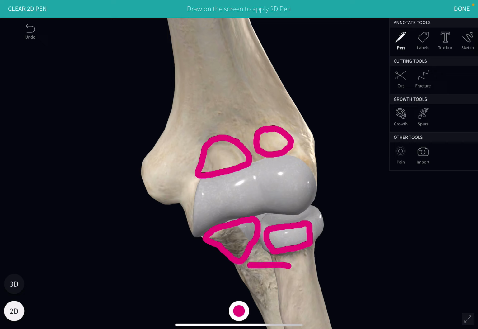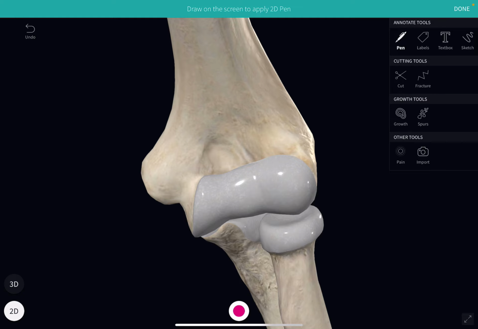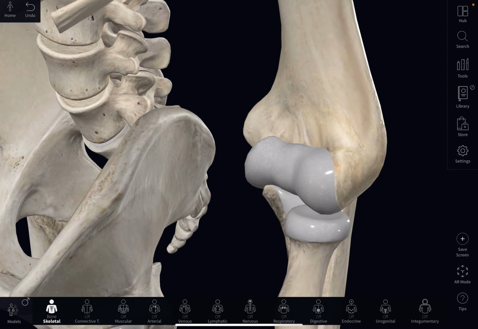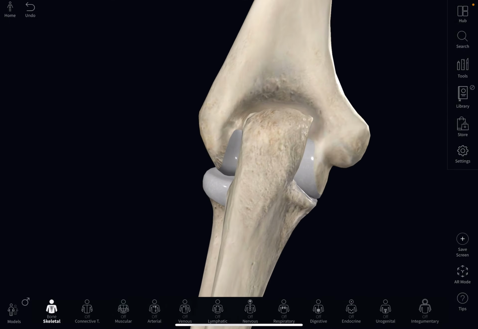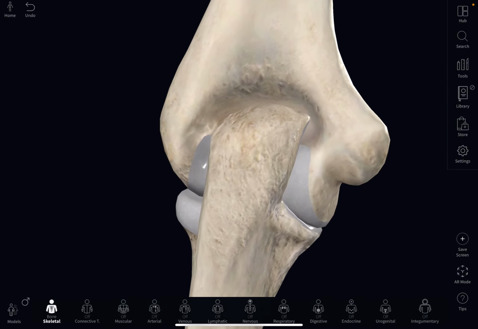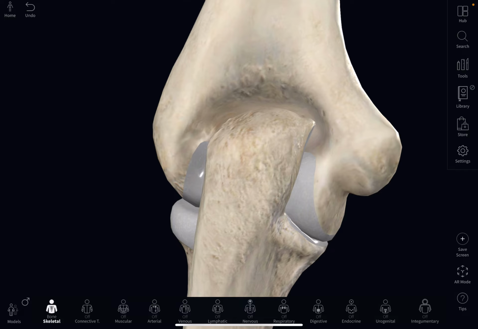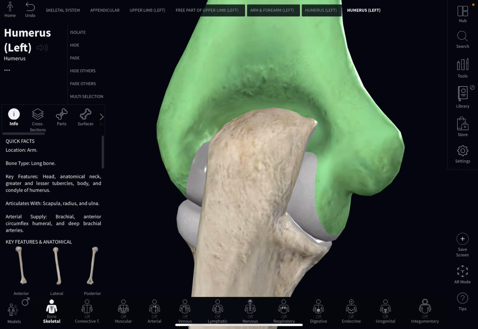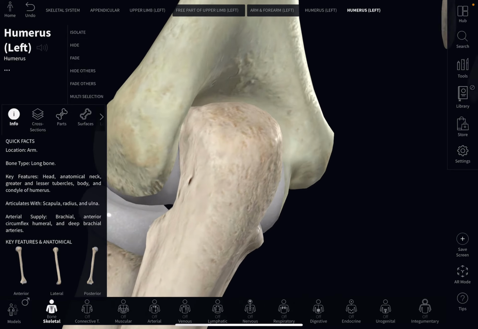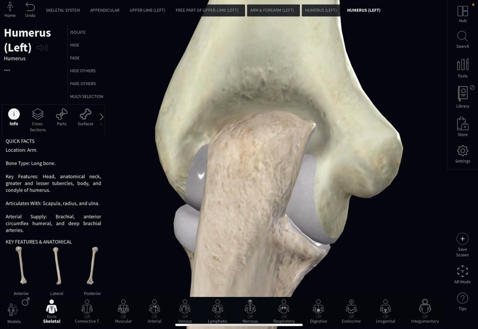And then there is one more depression. This depression is present on the back side, the posterior aspect, and you can see it is already occupied by the olecranon process of the ulna. That depression is very deep and is the largest of the three fossae.